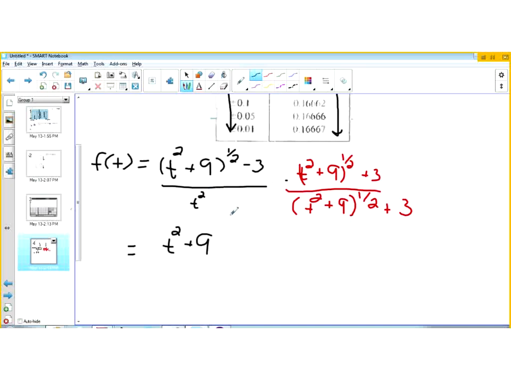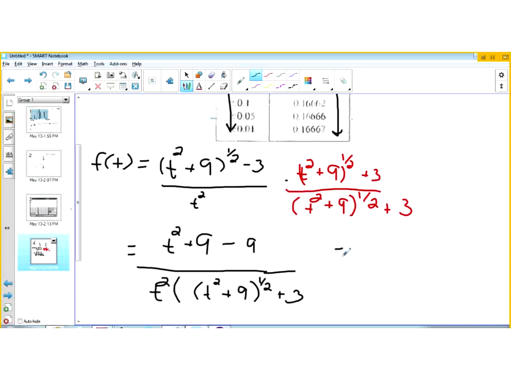And then the outer and inner term products would cancel, and then we're left with minus 9, divided by t squared times t squared plus 9 to the 1/2 plus 3.